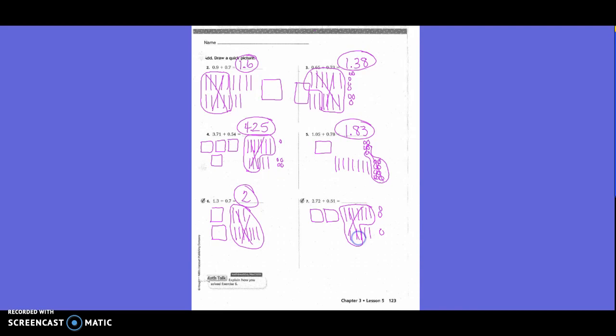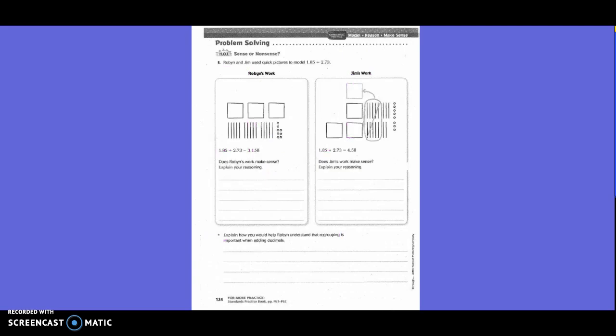Put an X on that, and then draw another flat. So how many flats do I now have? 3. Decimal. How many longs? 2. How many small cubes? 3. My answer is 3 and 23/100.